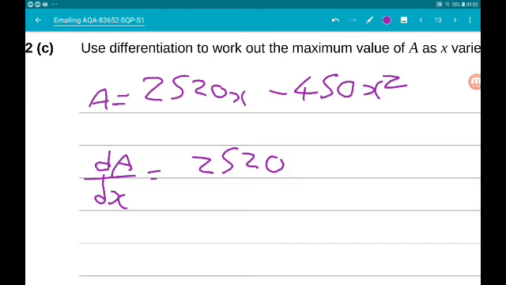So what happens there, the x has a power of 1, that comes down and multiplies the term, and then the power goes down to 0. x to the power 0 is 1. And then the second term, the power of 2 comes down and multiplies the 450. So we get minus 900. And the power just goes down to 1. So we get minus 900x.